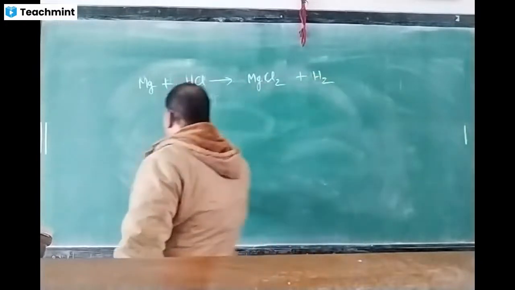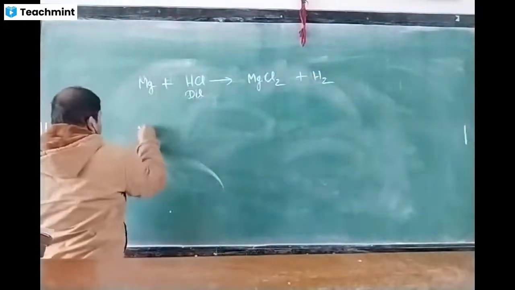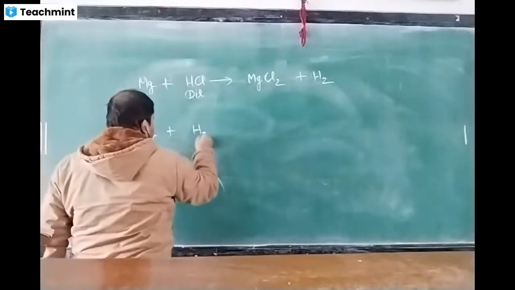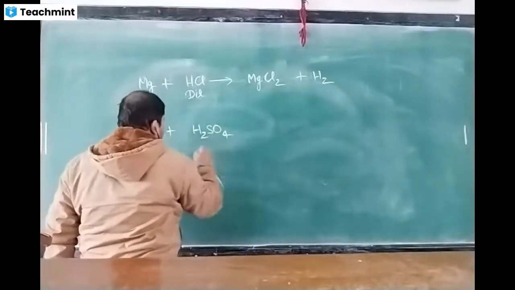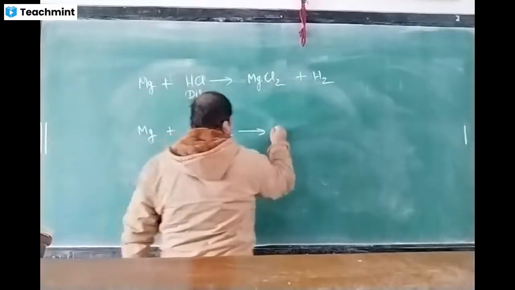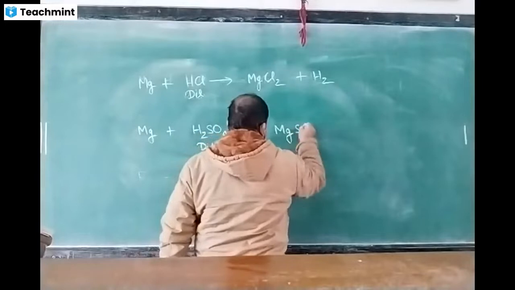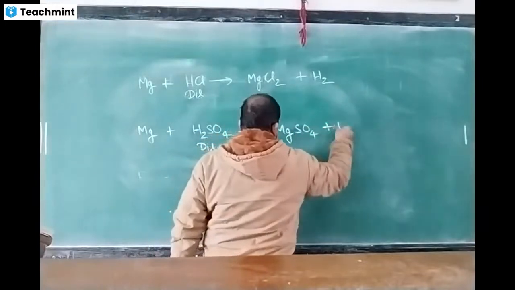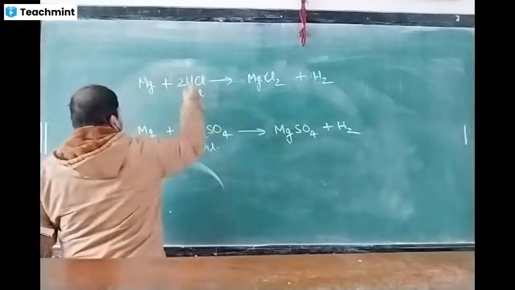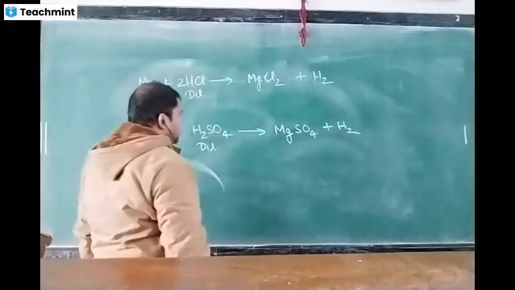In the same manner, when magnesium reacts with dilute H2SO4, we get magnesium sulfate plus hydrogen gas. So magnesium chloride plus hydrogen gas, and here magnesium sulfate plus hydrogen gas.